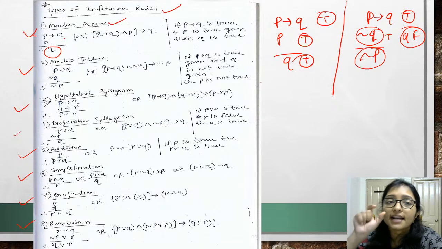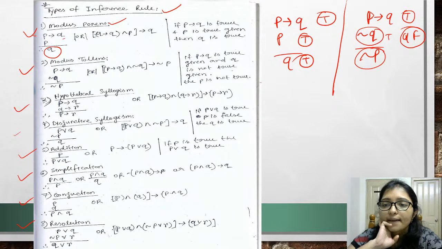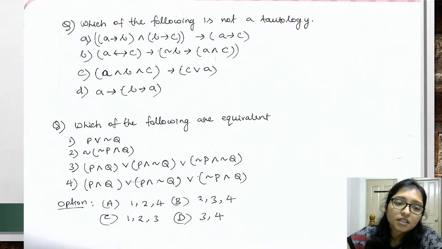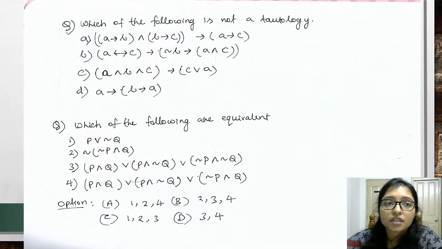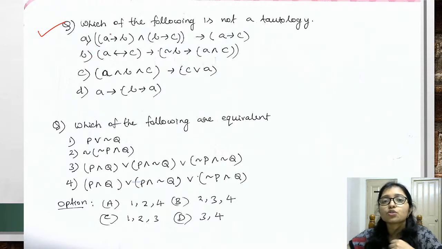Just try to take that the statements given are true, and check whether the conclusion is true or not, what is coming from the conclusion. Okay. Now try to solve this. Try to solve the question.